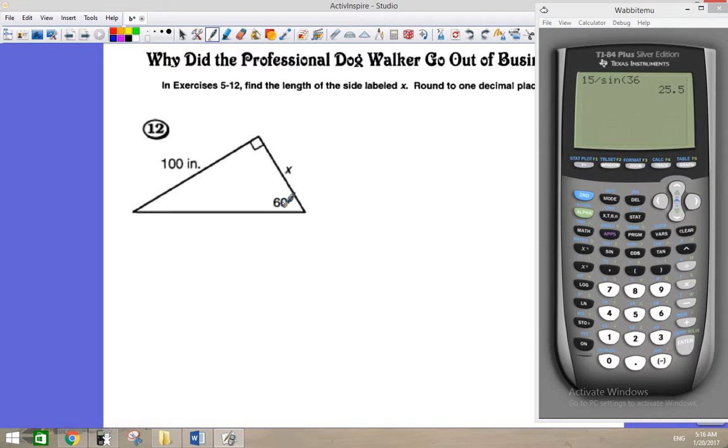With respect to the 60 degrees, the 100 is the opposite leg, the x is the adjacent, because opposite the 90 is the hypotenuse.